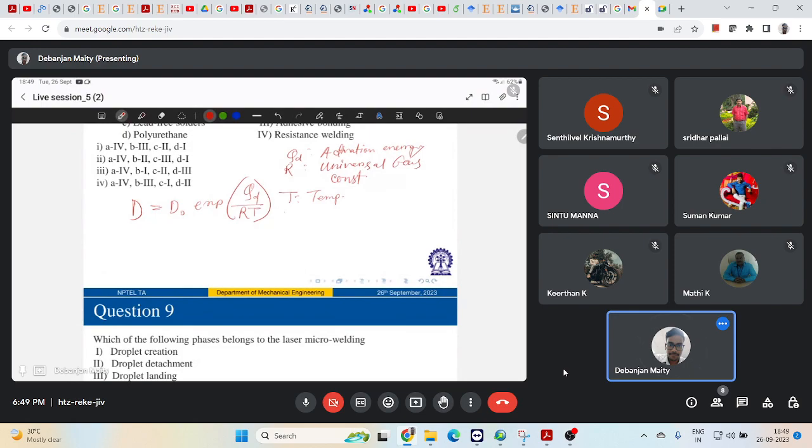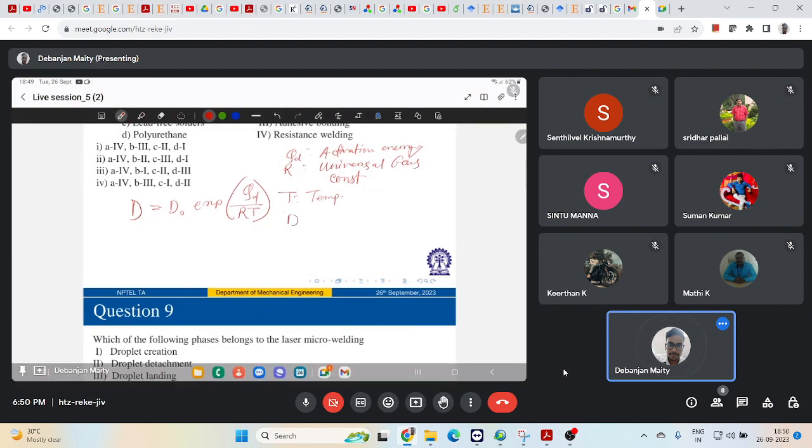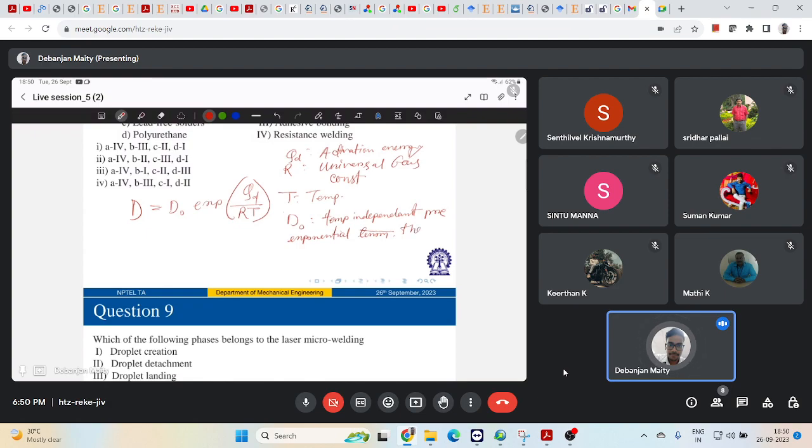then D naught. D naught is some temperature independent pre-exponential term. So it's temperature independent, a pre-exponential term that depends on the materials being joined.